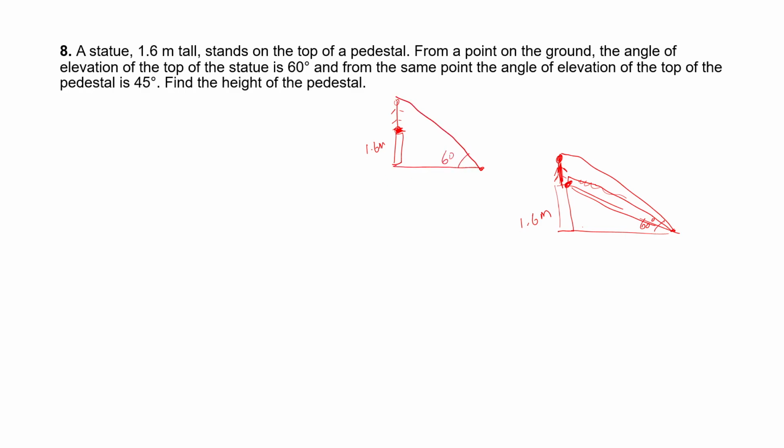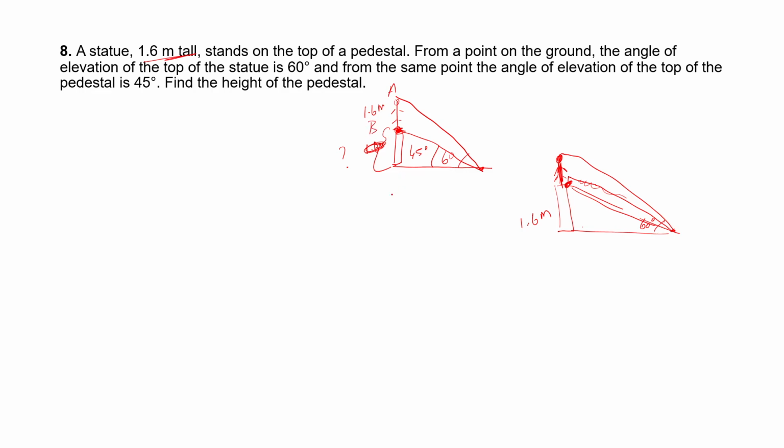Always the angle is made with a horizontal, and the top of the pedestal is 45 degree. Find the height of the pedestal. I'm sorry, the statue's height is given, 1.6 meter. We have to find the pedestal height.